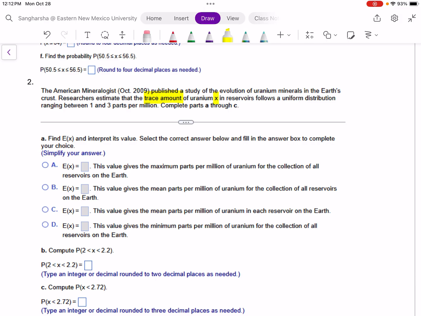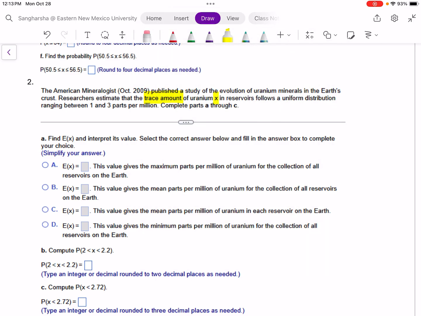Will this be a discrete random variable or continuous random variable? What do you think? Can amount be like 1, 2, 3, 4, or can it take any number? It can take any number. It means this X is a continuous random variable. Okay.